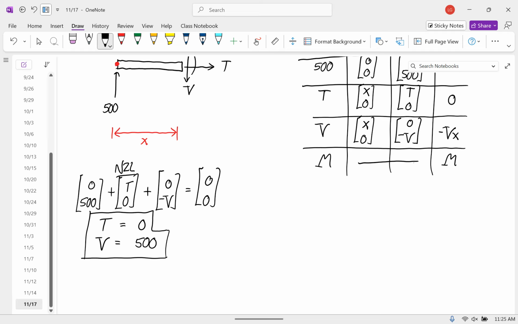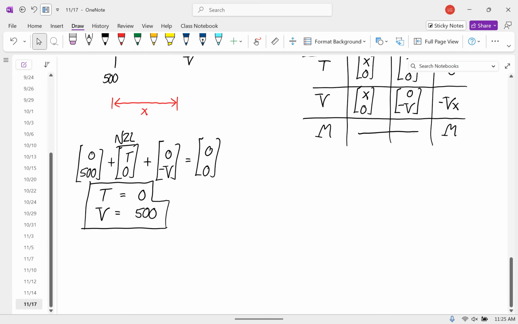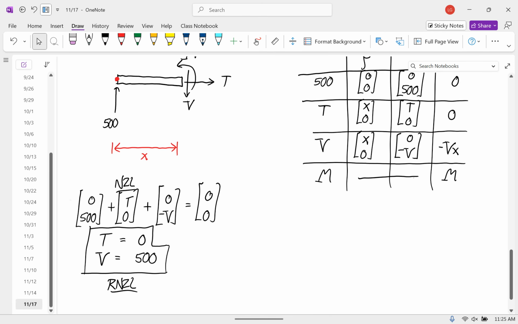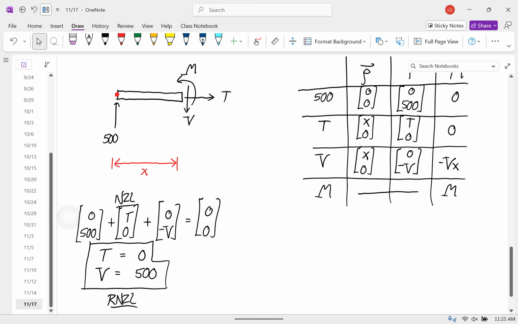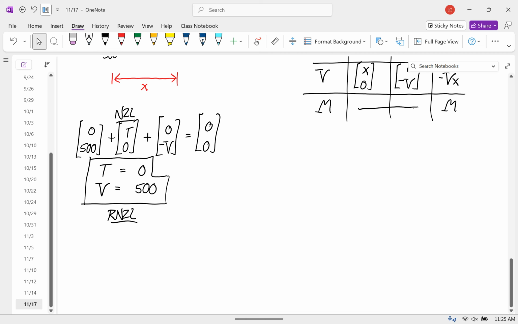So for any x value, that's what the internal tension and the internal shear force is. But then for the moment, it's going to be different for this example. So add up all the moments and set them equal to 0, and we get negative Vx plus M is equal to 0.